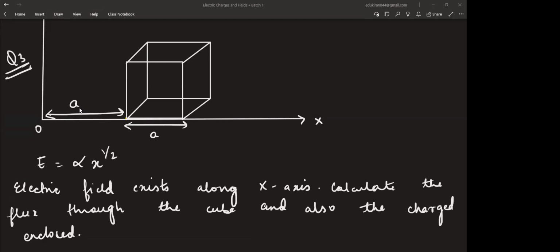Now electric field is given as alpha x to the power half. Now electric field exists along x-axis. You have to calculate the flux of the cube and the charge.